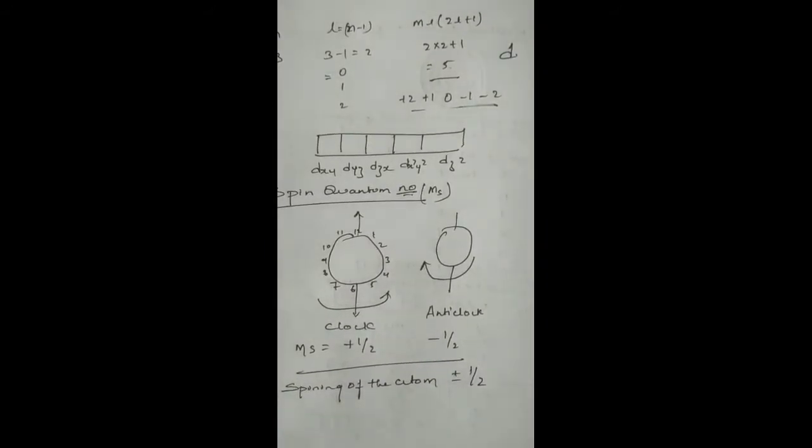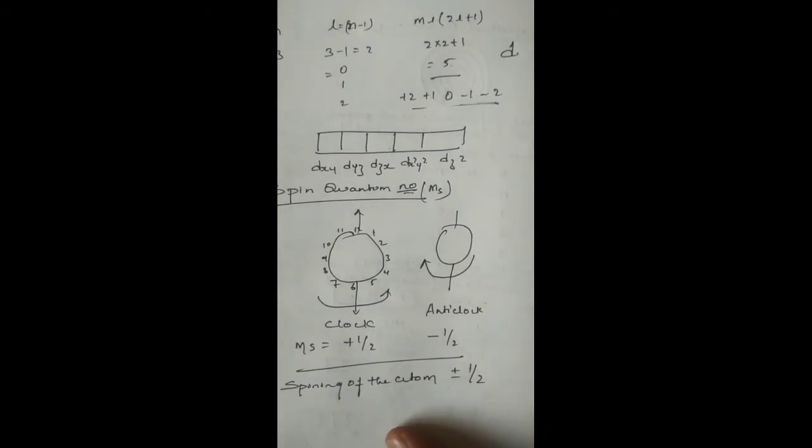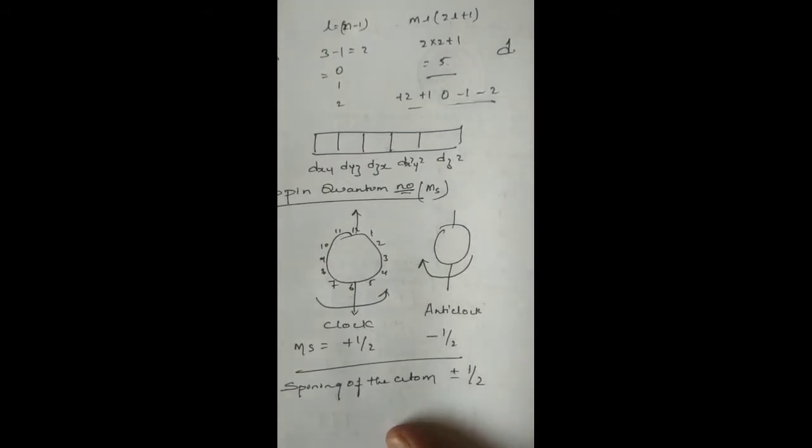Next I will write this in one tabular column, very very important. That will represent the possible values.